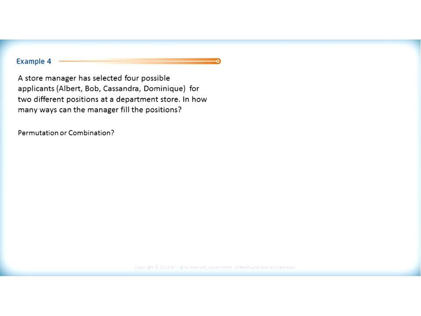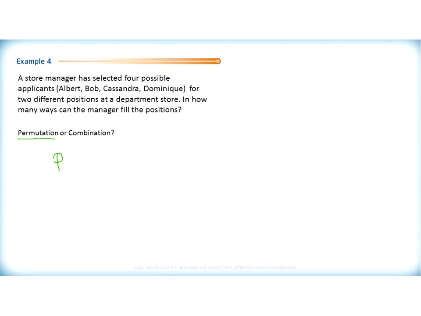He needs to choose 2 people out of the 4 to fill these 2 specific positions, which are different positions. Is order important? If he chooses Albert for position 1 and Bob for position 2, is that different than choosing Bob for position 1 and Albert for position 2? And the answer is yes, that is different. So this is a permutation because order is important.